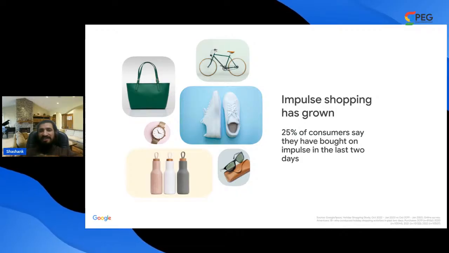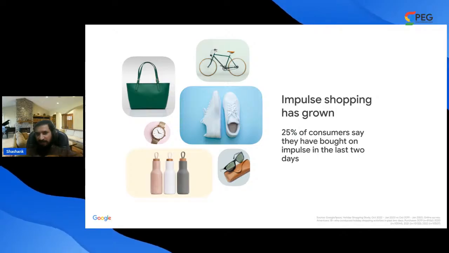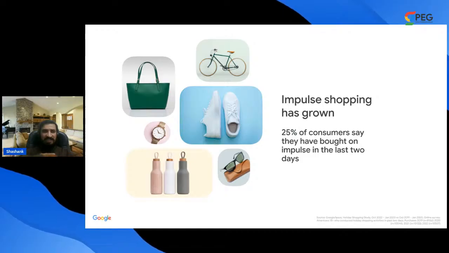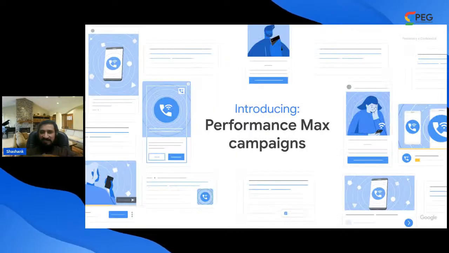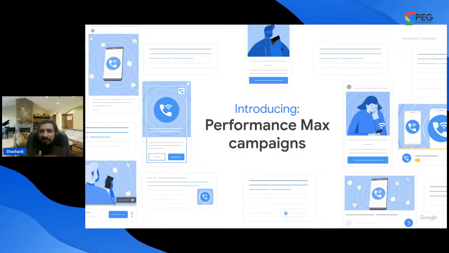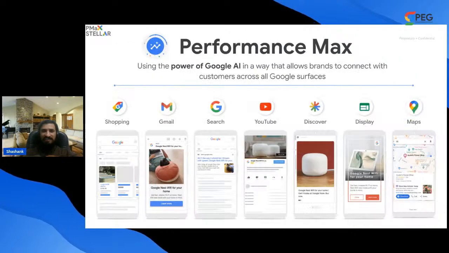So that user, irrespective of not being an in-market audience, still ends up purchasing that product. That comes under impulse shopping. He was not looking for the product, still he ended up purchasing it. This is why we can have a combination of different campaign types to generate that demand, and PMax is the one that tops the list in this category.